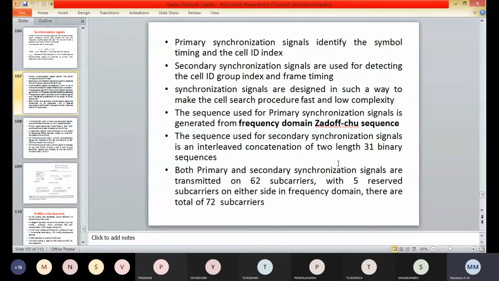So here the sequence used for the secondary synchronization signal is an interleaved concatenation of two length 31 binary sequences.